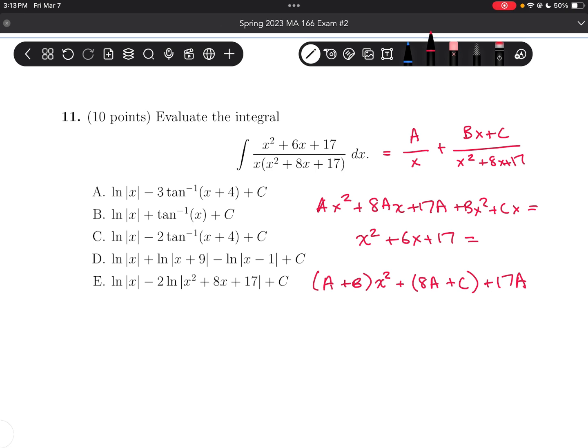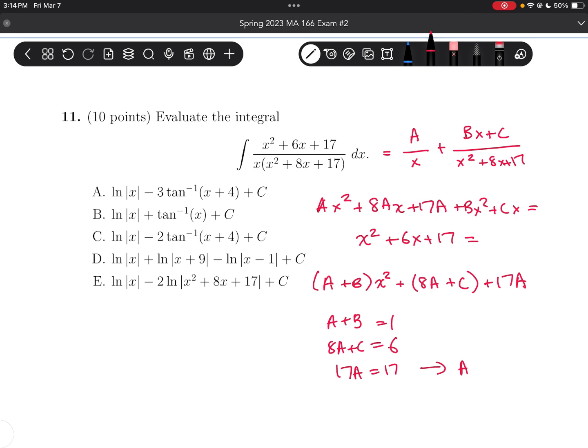So that means a plus b equals 1, 8a plus c equals 6, and 17a equals 17.